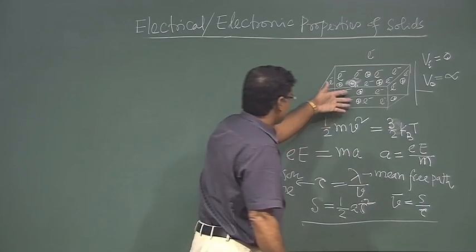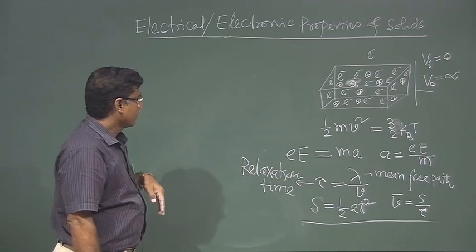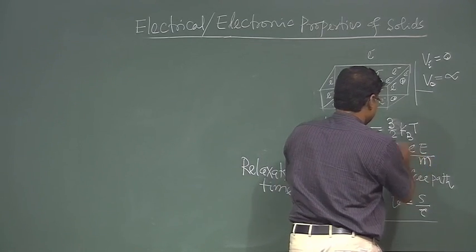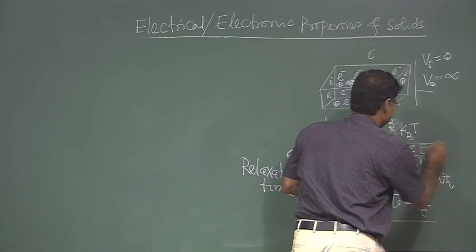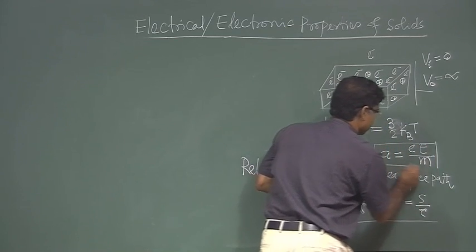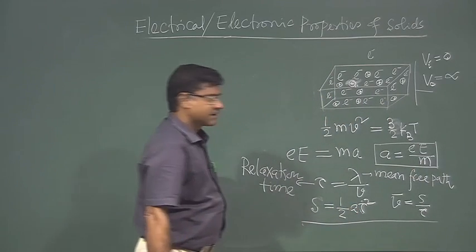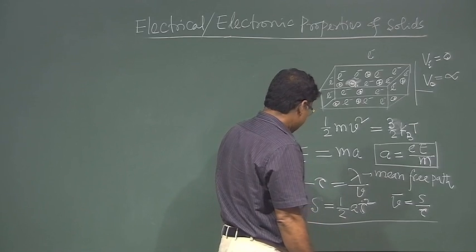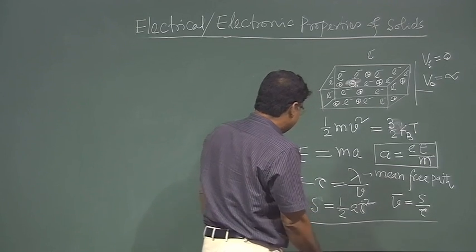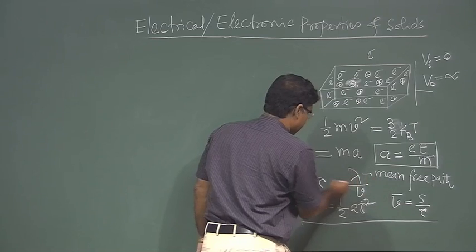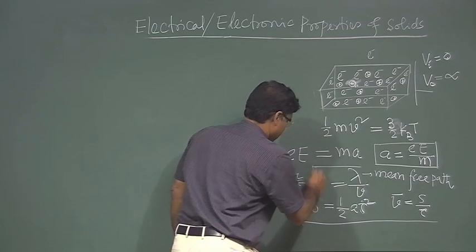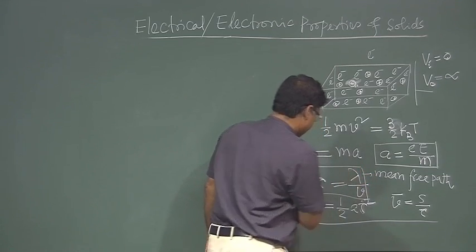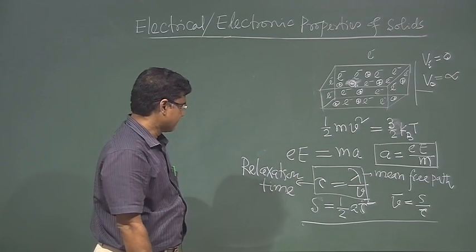We have seen that when we apply an electric field, there will be an acceleration of the electron, and the relaxation time in terms of mean free path is another relation.